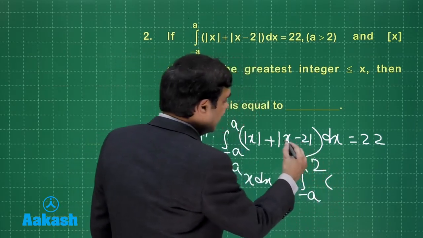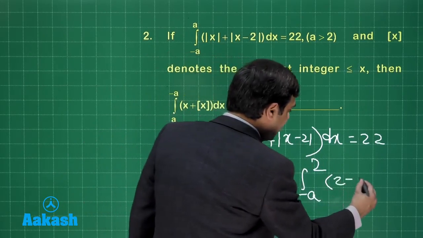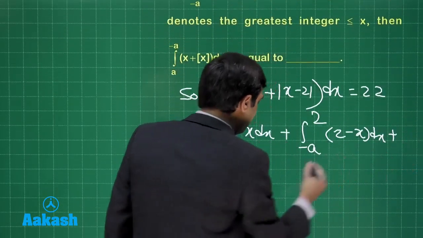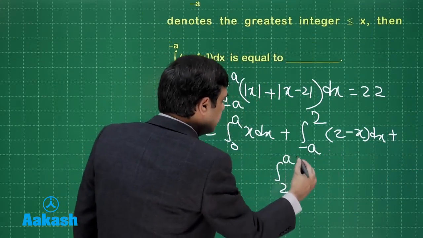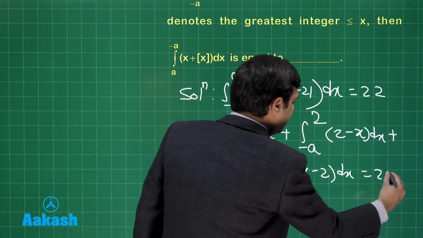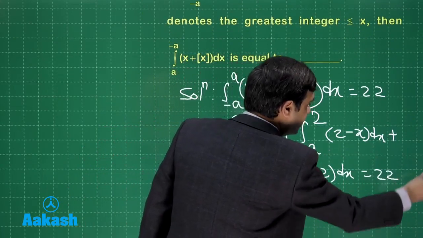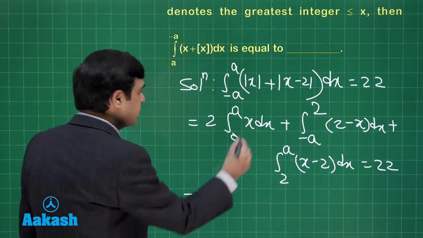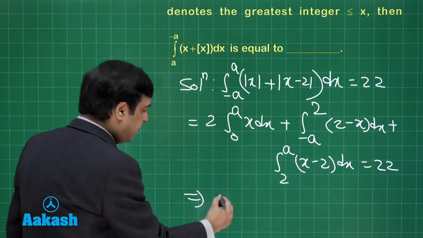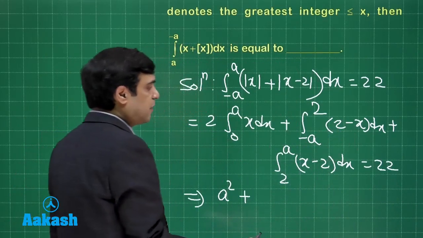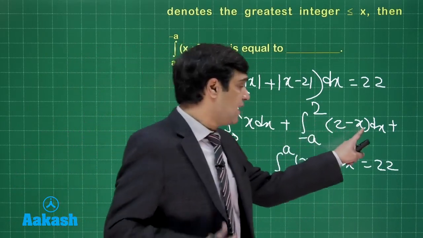This time we can see that x minus 2 would be negative, so I need to write it 2 minus x dx, plus integral 2 to a of (x minus 2) dx. This is equal to 22, what is given in this question. I'm sure this is clear. Now just simplify. This gives us x square by 2, 2 will be cancelled, so this is a square, plus. When you write this term, you can see that this is 2 minus x, correct?